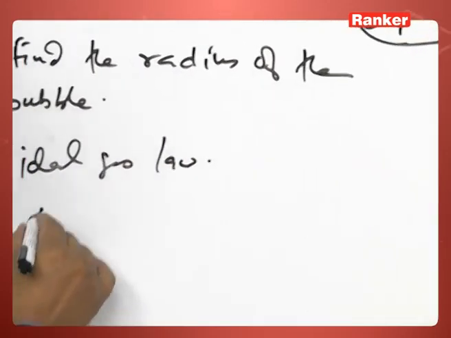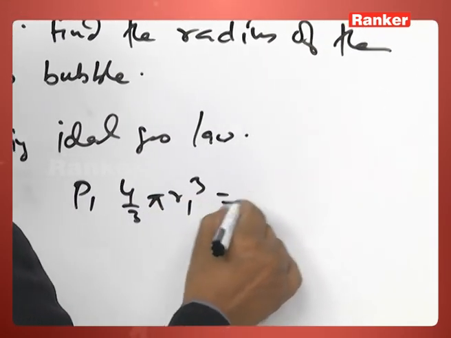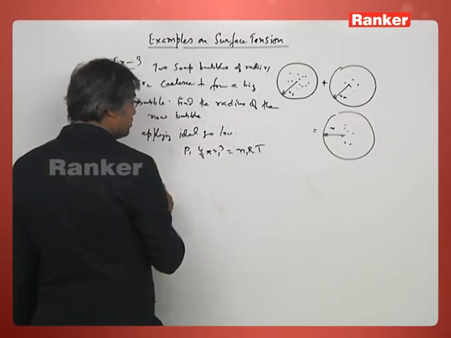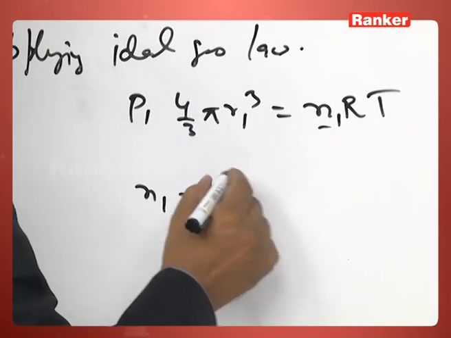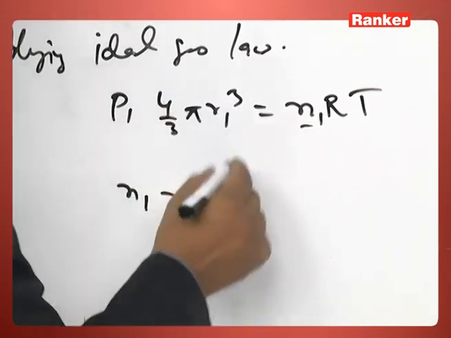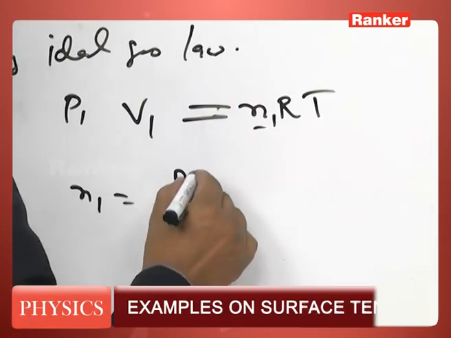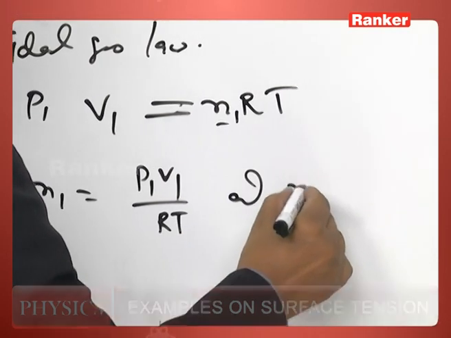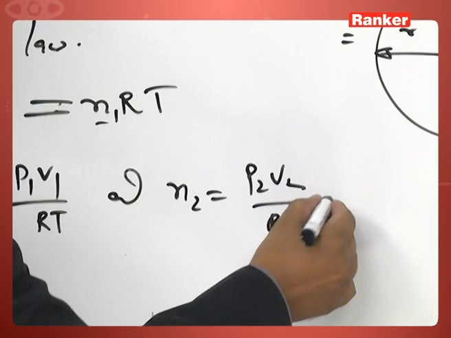Here pressure is P1, 4 by 3 pi R1 cube is equal to N1 RT. So N1 is, let the volume simply be V1, P1 V1 by RT. And N2 will be also P2 V2 by RT.